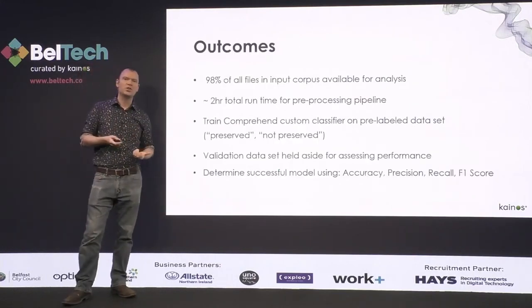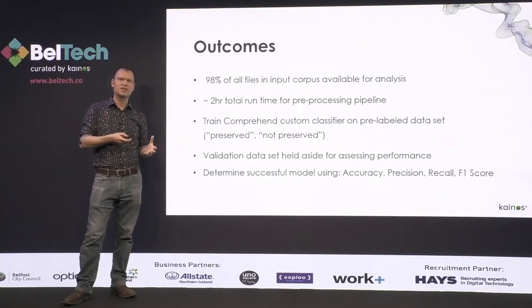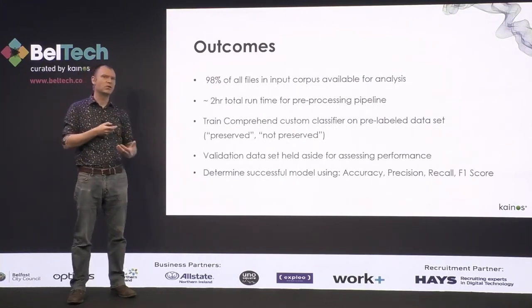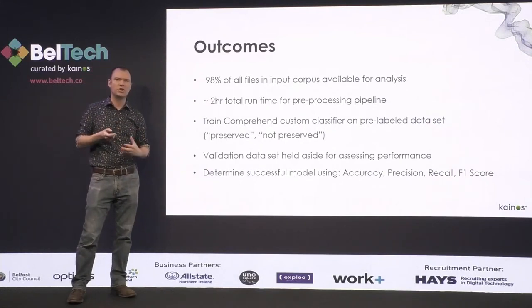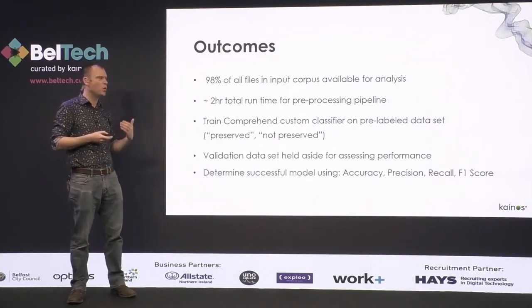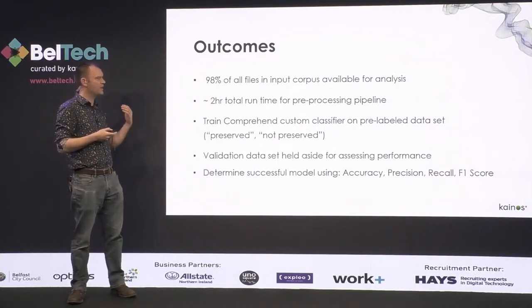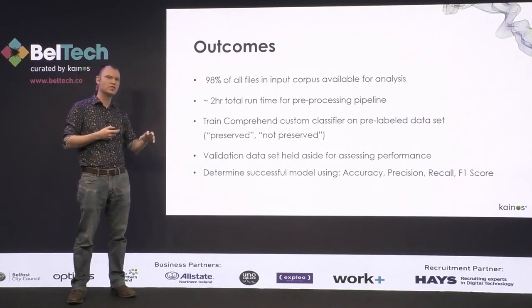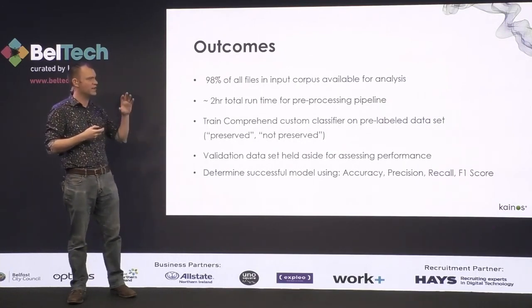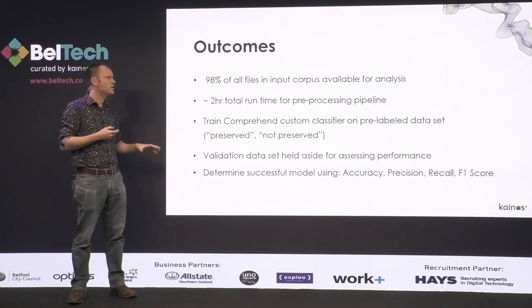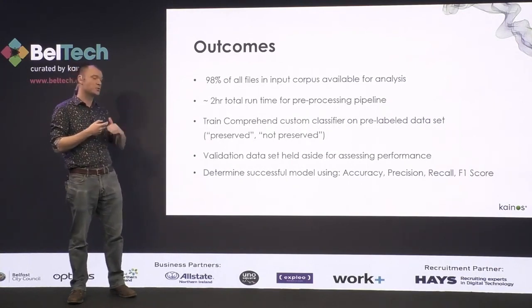And so we touched on the business outcome at the beginning of this, where we looked at what we actually delivered in the end in terms of a machine learning model. But in terms of the process that was actually delivered and what we built, being able to use that combination of tools to get really good coverage across the input files that we were interested in, and to get it down to a reasonable runtime.